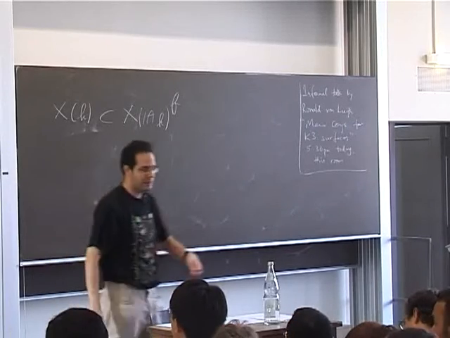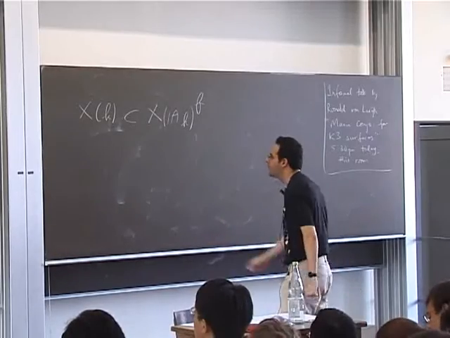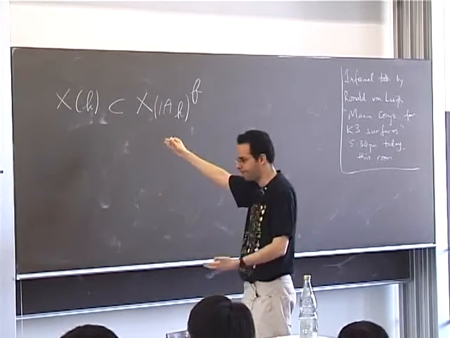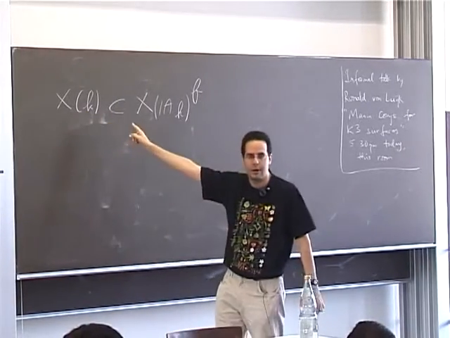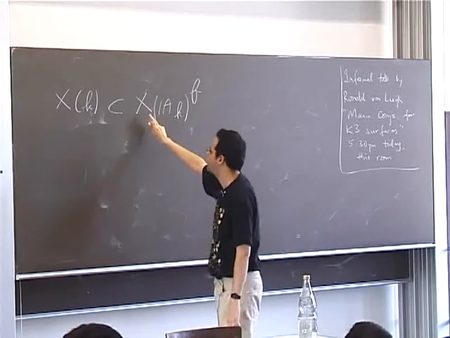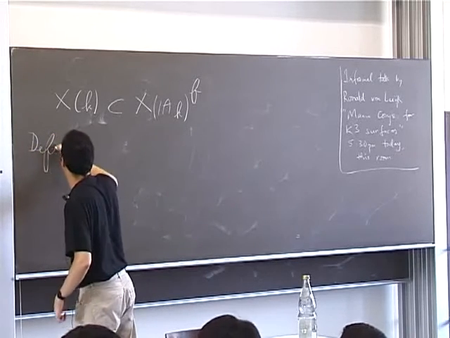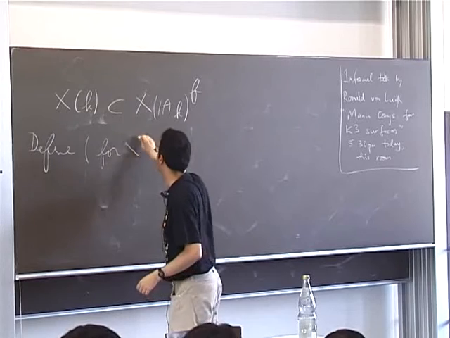And actually, we can say more. This is a very simple observation, but there is a more specific result about the closure of X of K in this set X of AK to the power F. Here I assume that X is projective.